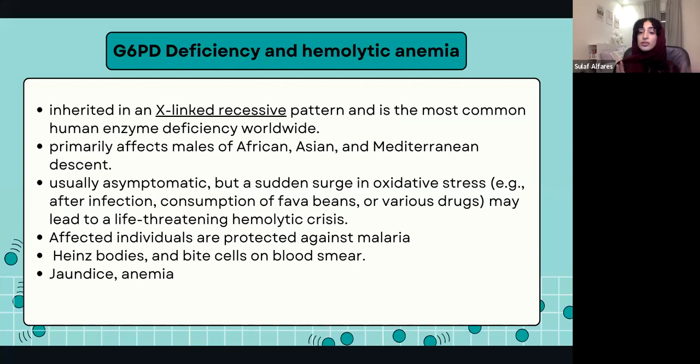So just remember this, they're already protected against malaria, so you should not give them anti-malarial drugs, or it's going to give them a hemolytic crisis, okay? And finally, you probably know this from your hematology block, but G6PD deficiency is going to lead to jaundice, it's going to cause anemia, and we're going to see Heinz bodies and bite cells, and I'm going to show you those right now.